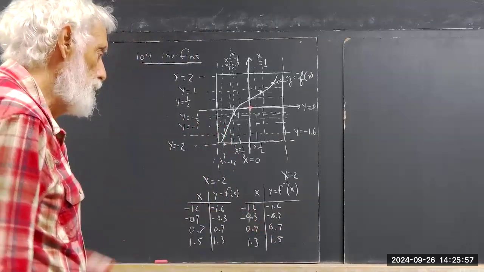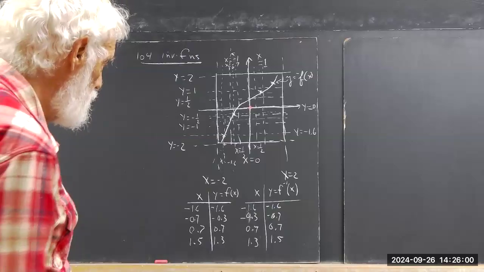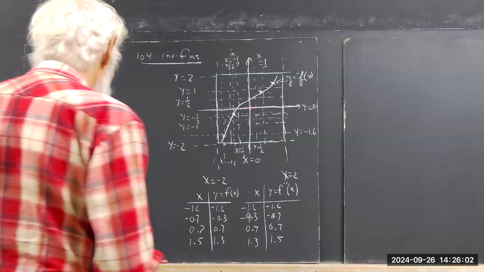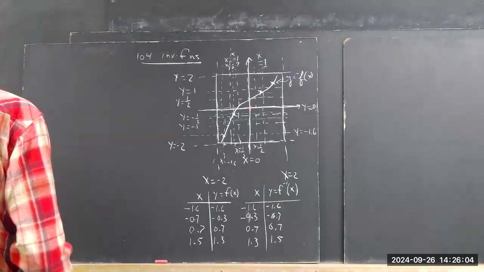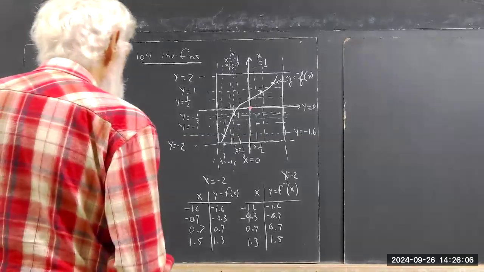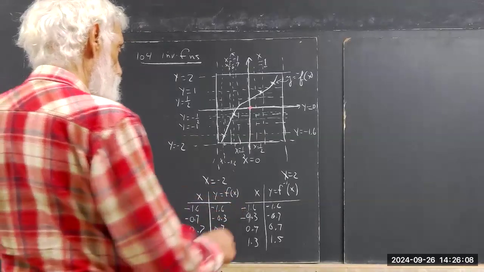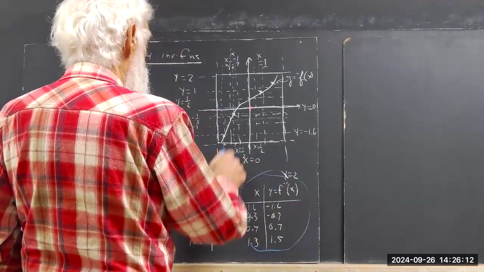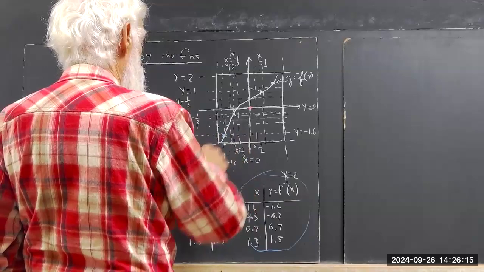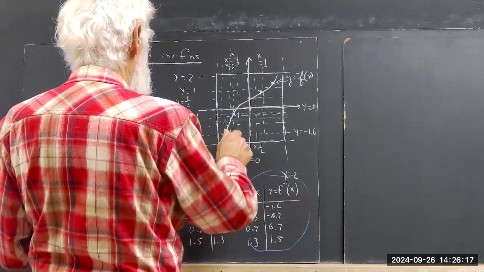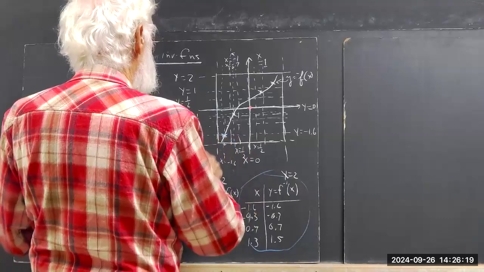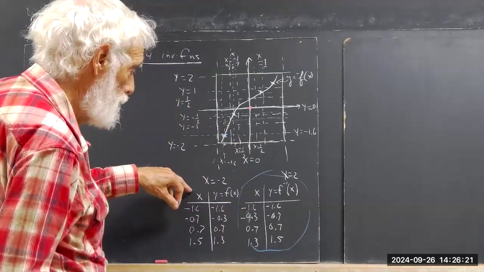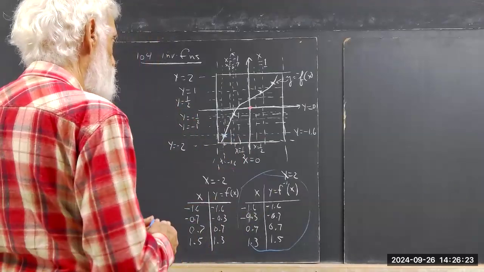And now I can plot these points. I'm not going to go into all the detail of plotting the points, except to say that -1.6, -1.6 is the same as on this graph. So I'm going to put an X here as well to indicate a point on both the graph of f of x and the graph of f inverse of x.